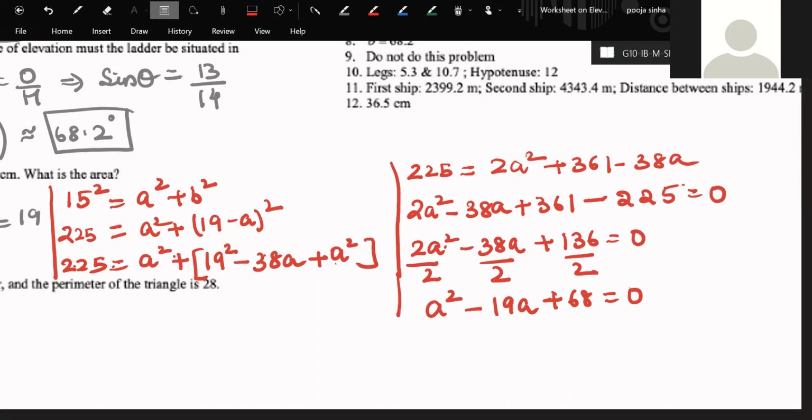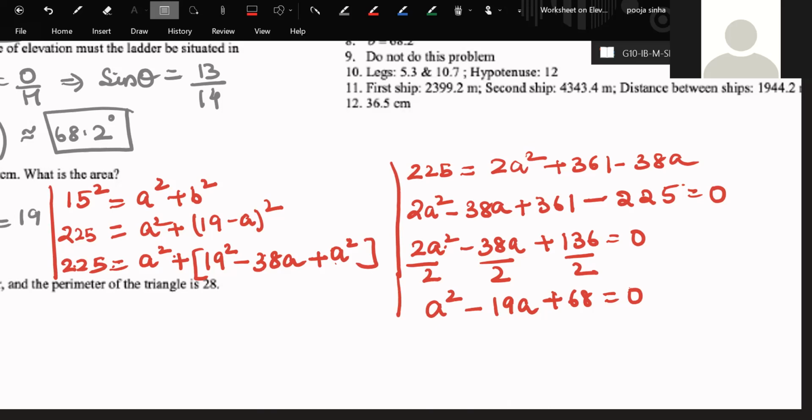14 and 4, no, miss, it's not 14. Miss, I don't know.